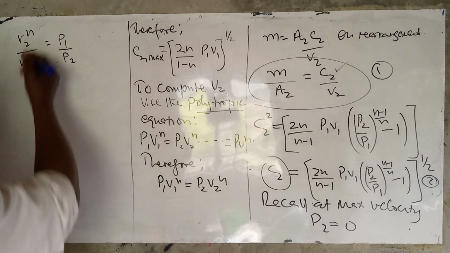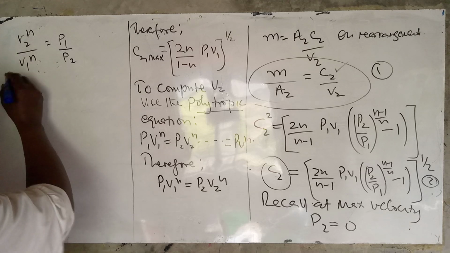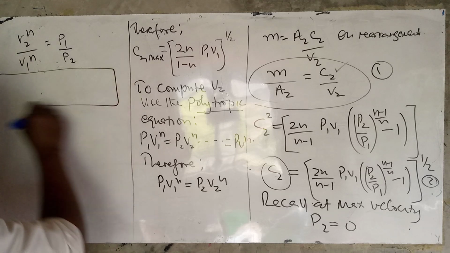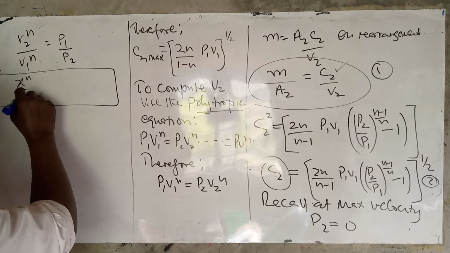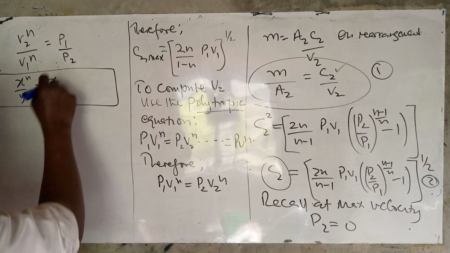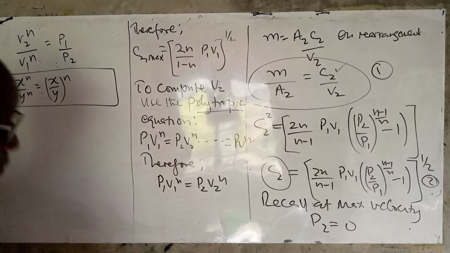So removing this exponent, remember, don't get confused. Just note the identities which you are using here. If you have x over y all to the n, that's simply x to the n over y to the n.